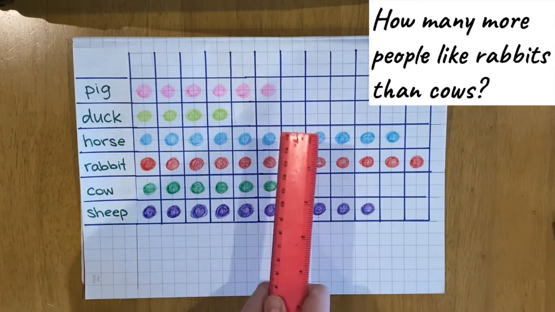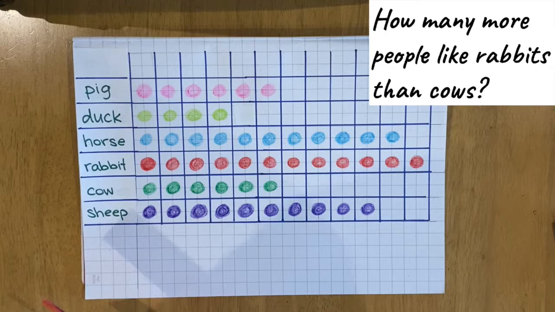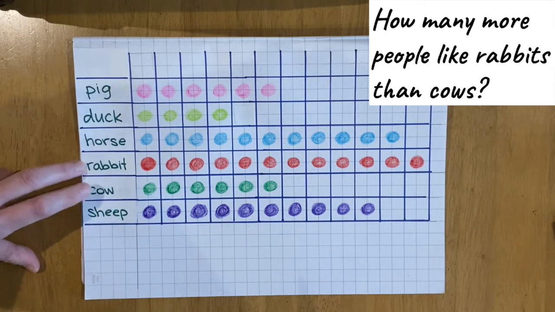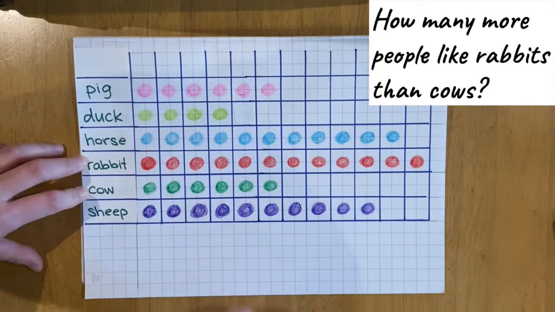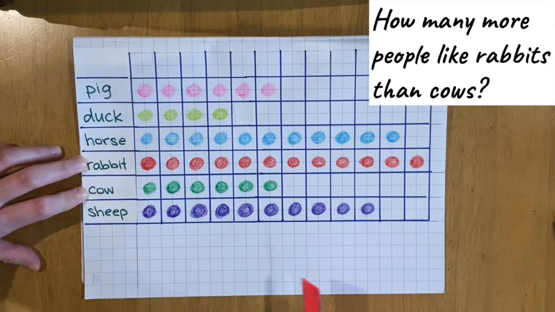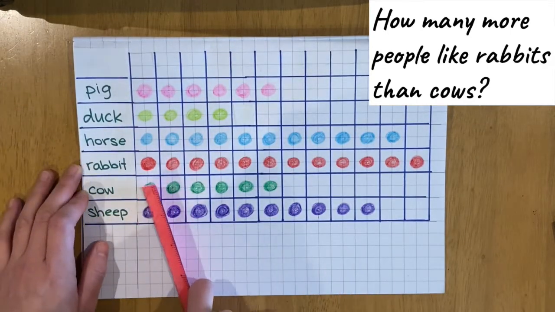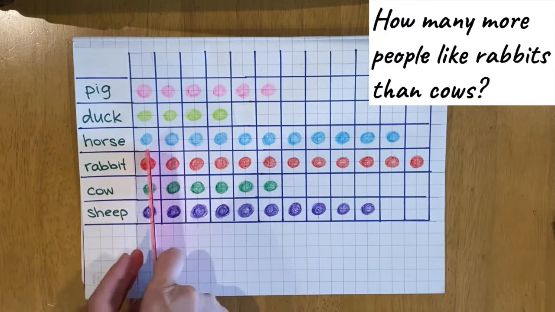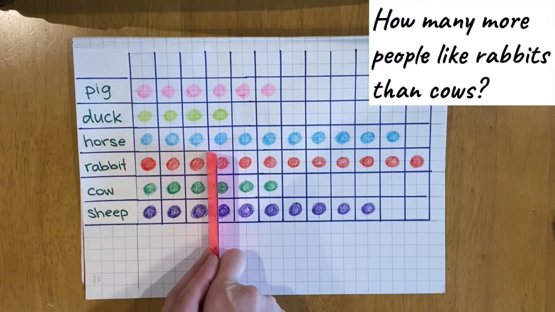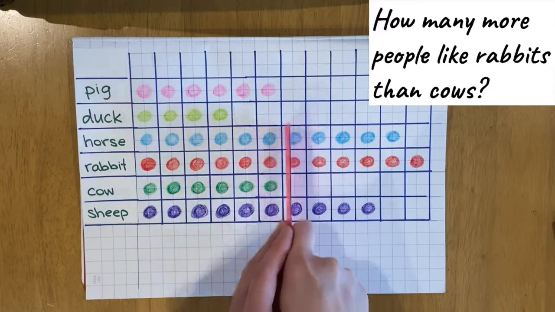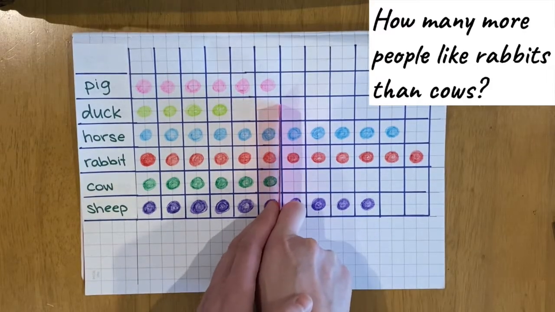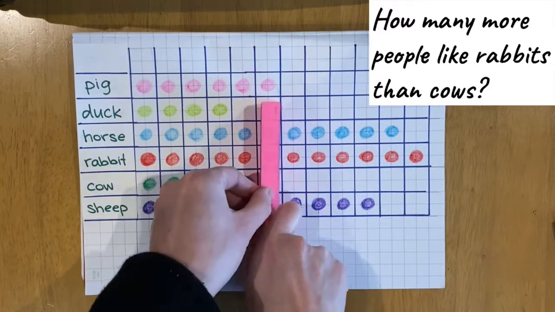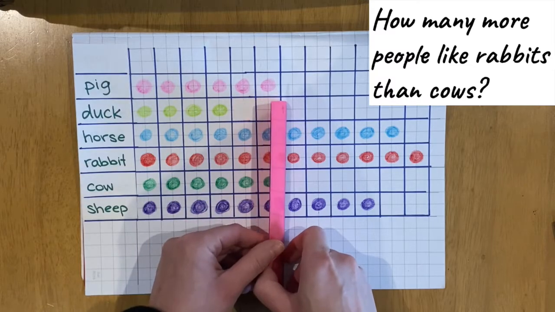Okay, so we're gonna get our karate chop ruler out. Rabbits and cows, we're looking at these two sections. We're going to ignore everything else. So we're gonna karate chop, and we chop it where we find the extra ones. So these bits are the same. I'm gonna chop here. I'm gonna put my ruler there so you can see it more clearly.